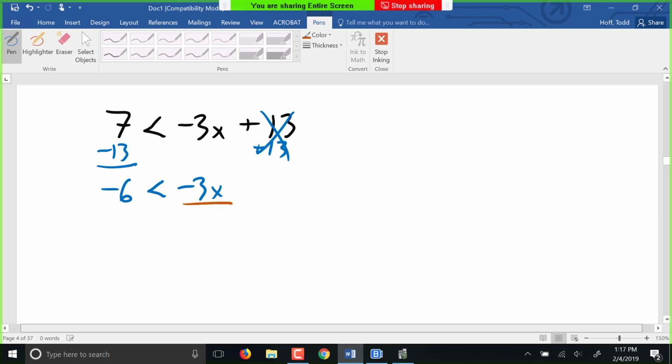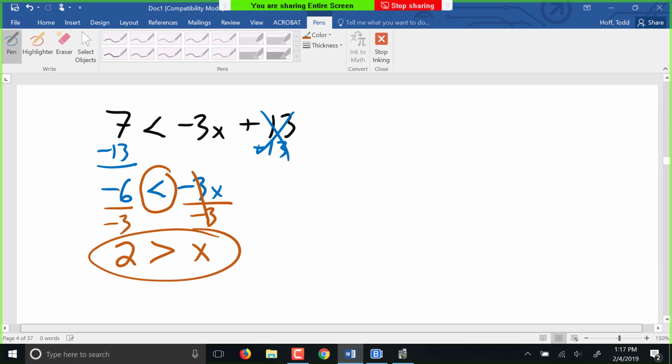Correct. Perfect. Very good. We divide by -3, eliminates that -3, we have just x. -6 divided by -3 is +2, and you got the second part of it too. Since we divided by a negative, that sign has to flip. So 2 is greater than x.